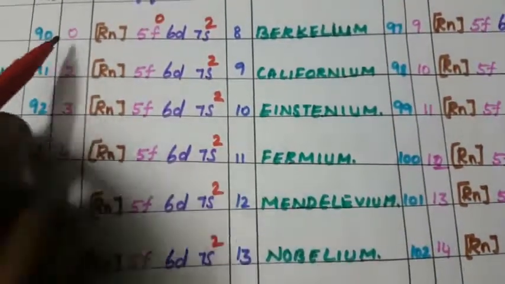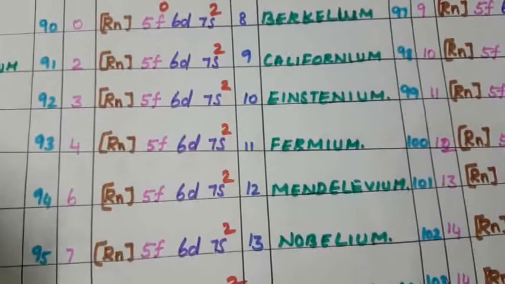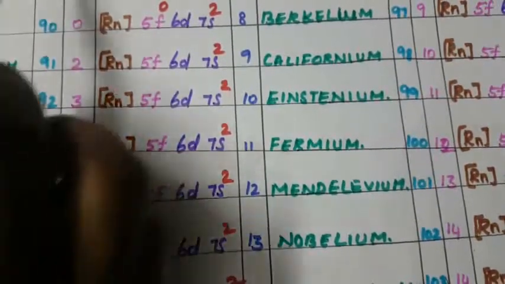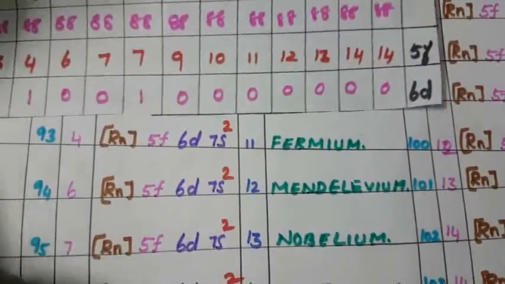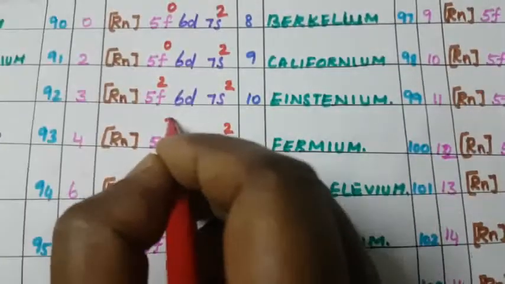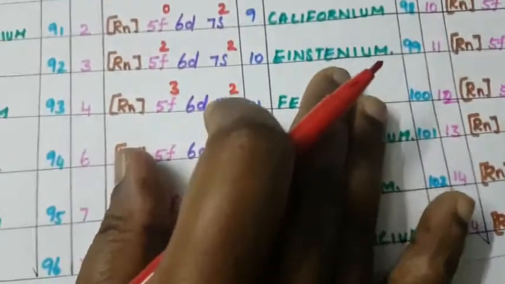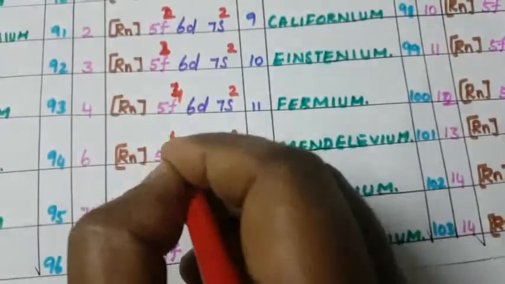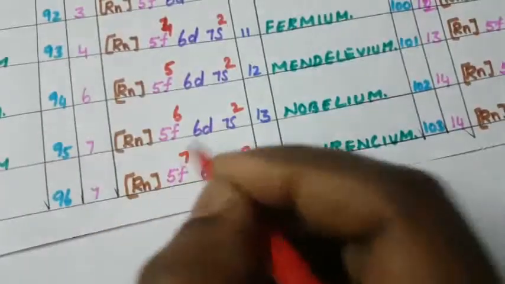Now you can fill the 5f orbital. From this one I am writing here 0, 0. Then 2, 3, 4, 5, 6, 7.